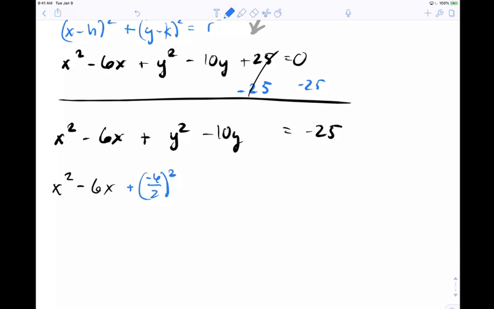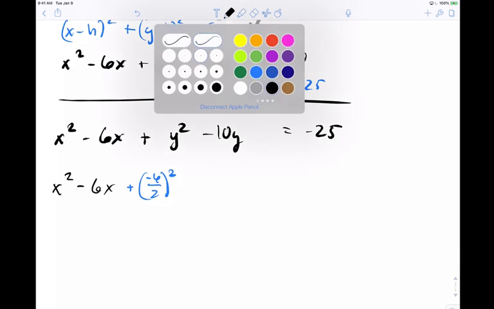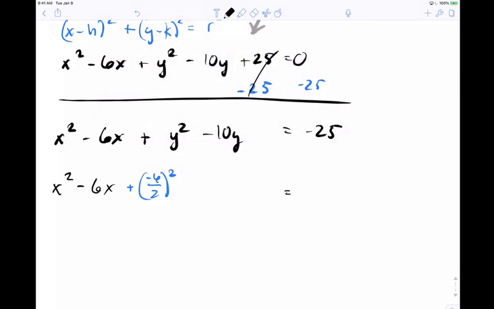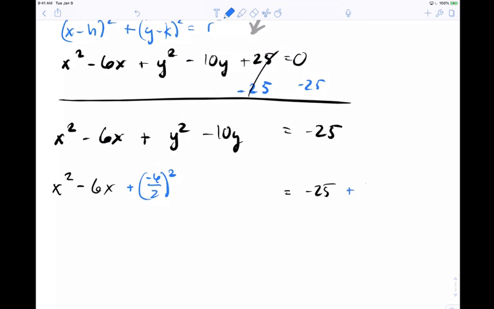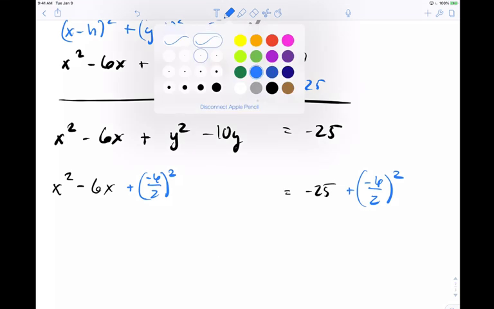And what we do on one side of the equal sign, we have to do on the other. So on this side, with the negative 25, I also have to add negative 6 over 2 squared. Is it b over 2a? No, that's the vertex. So that's the x coordinate. Let's go ahead and do the y coordinate as well.